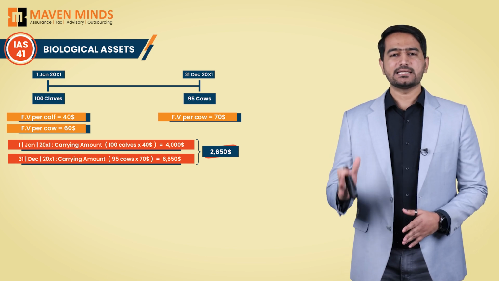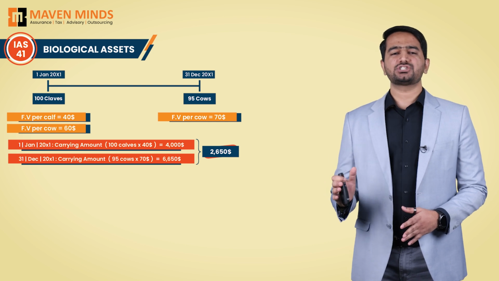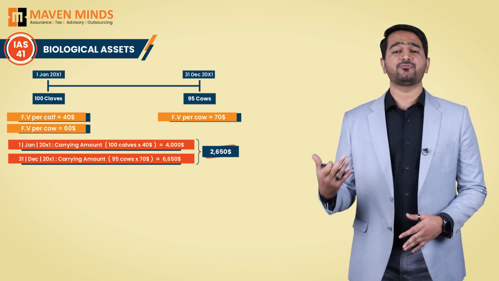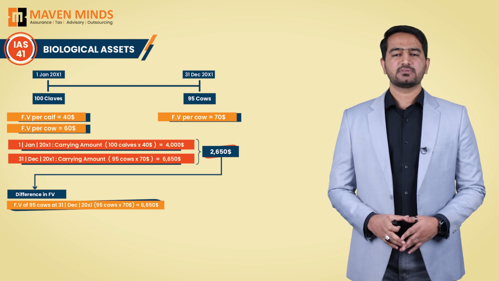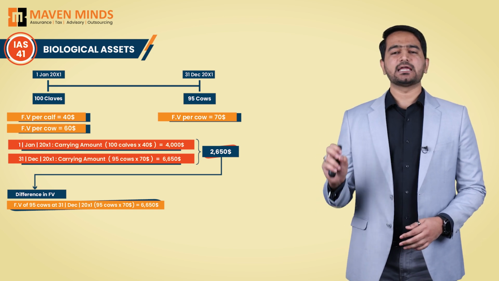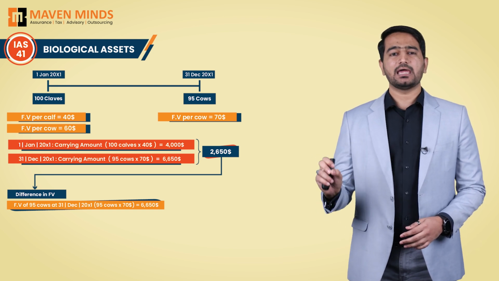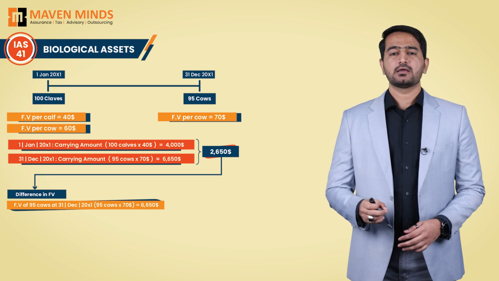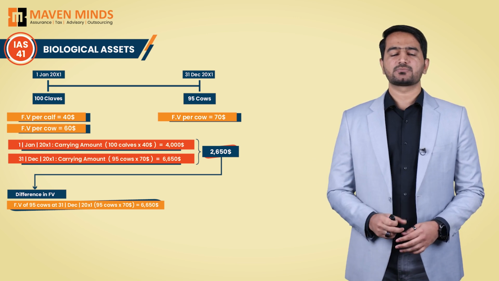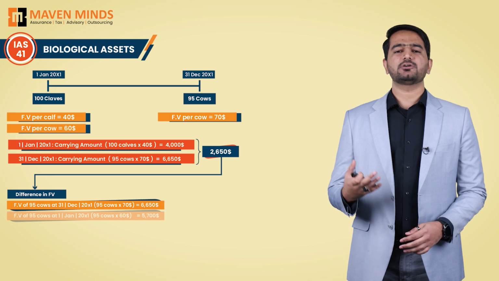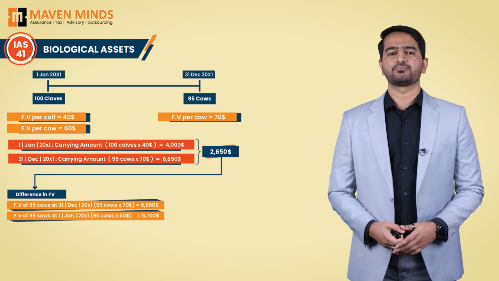First, let's see how much of this change is due to changes in fair values, not growth. For this, we have to look at the 95 cows at the end of the year, but value them using the beginning of the year price, which was $60 for a cow in our scenario.